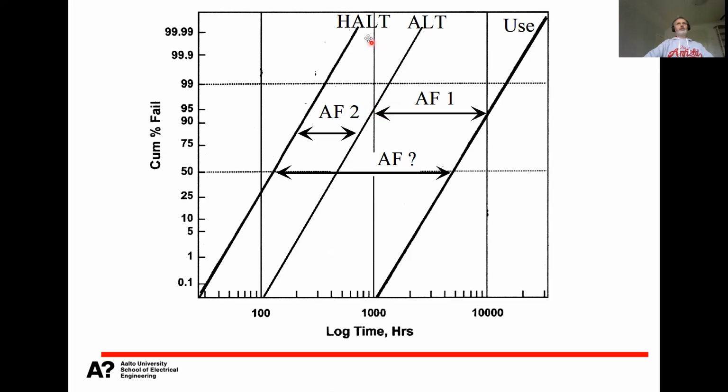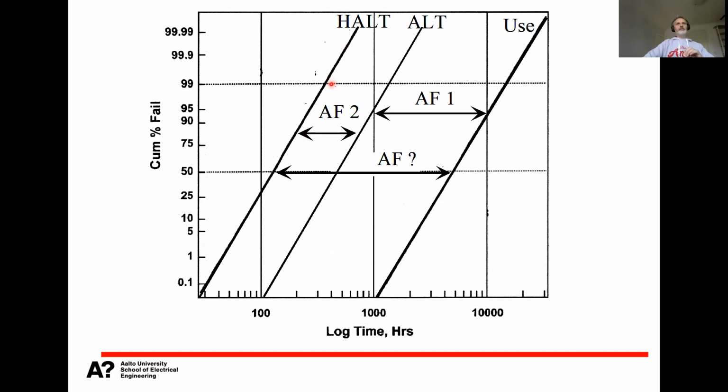And then if we do the HALT testing, instead of 1 year, we do it in 1 month. That's not a good example for HALT testing. We should do it in 1 day. Then basically we have an acceleration factor of 360.